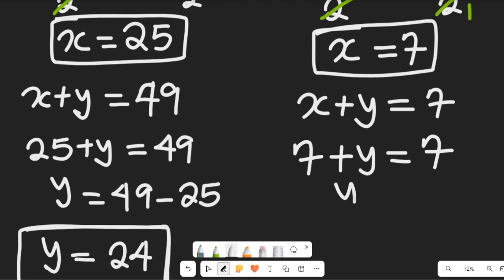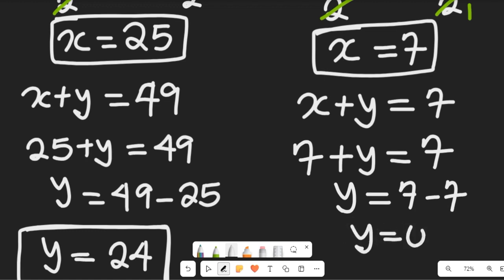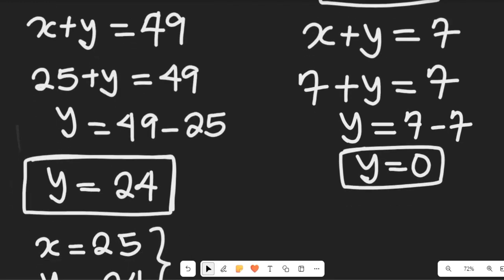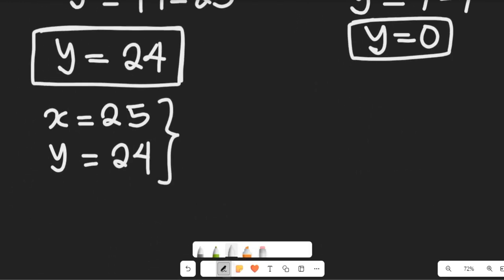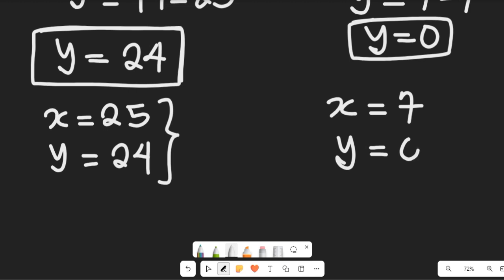And our y, if we subtract 7 from both sides, will be equal to 7 minus 7, and then our y will be equal to 0. So from that second expression, we'll come to see that the value of our x is equal to 7 and the value of our y is equal to 0.